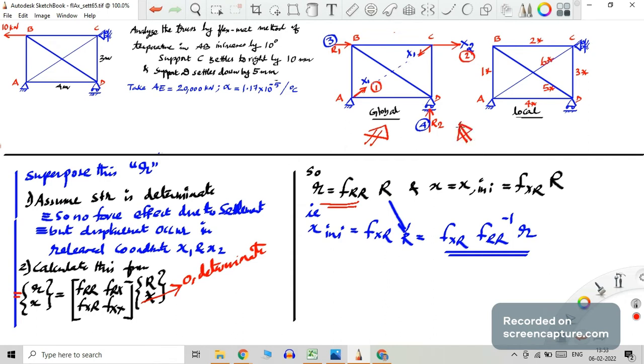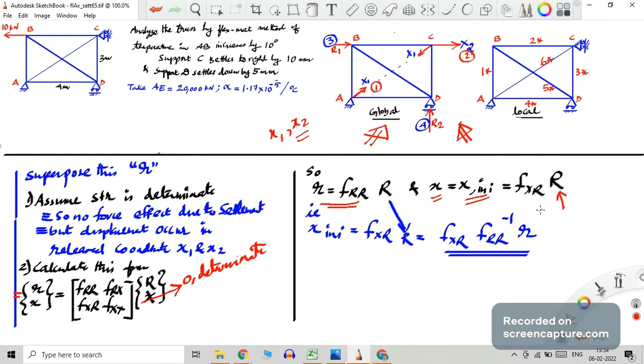Coordinate 2, there is no support. So due to that, small x1 and small x2 will happen because nothing is restrained. Of course, support is not there at C, so it can move towards that. So that small x is taken as x initial, which can be evaluated from capital R.